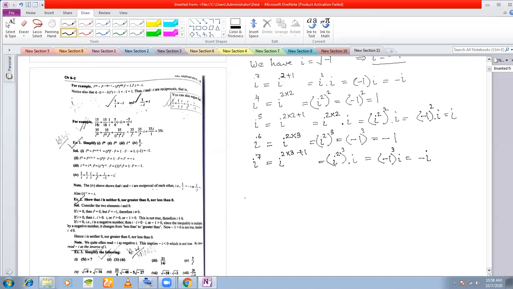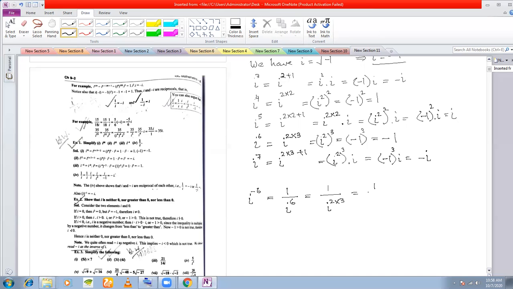How do we deal with negative powers of i? Let us say I have i to the power of minus 6. So what I can write here is 1 by i to the power of 6. And then I work as usual. i to the power of 6 is i to the power of 2 into 3.